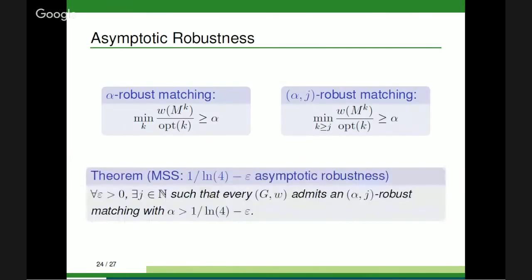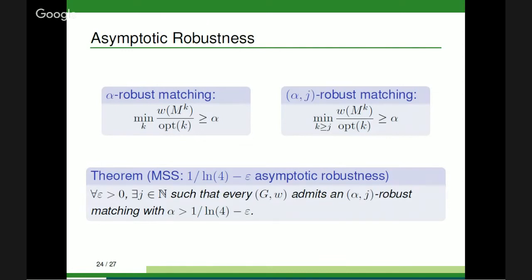So for robust matching, we showed that an alpha robust matching is a matching such that if Bob selects any k, you get a payoff of at least alpha. An alpha j robust matching is one matching such that if Bob selects any k larger than j, you get a payoff of at least alpha. So you want to force Bob to play only large cardinalities.